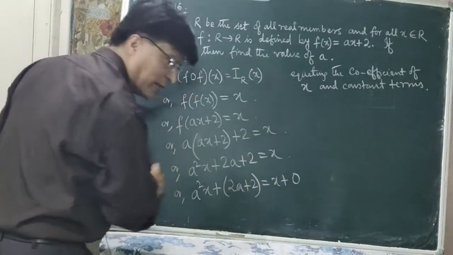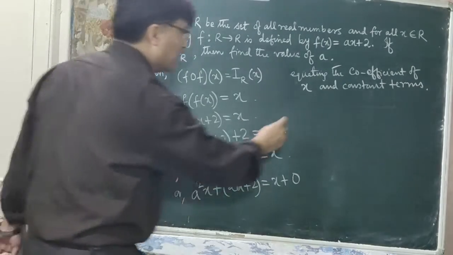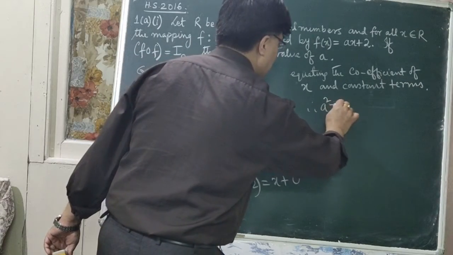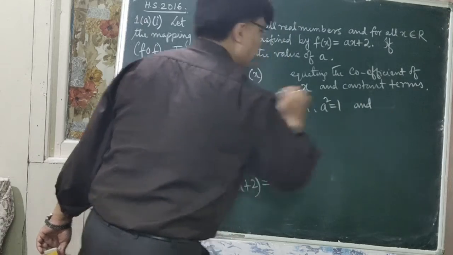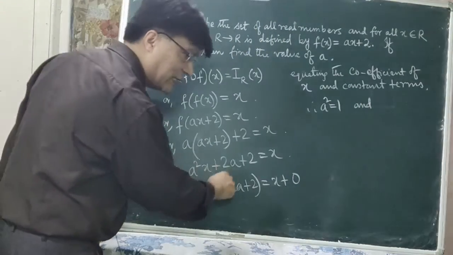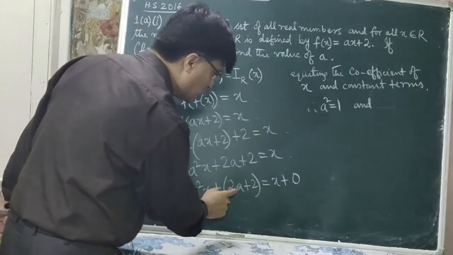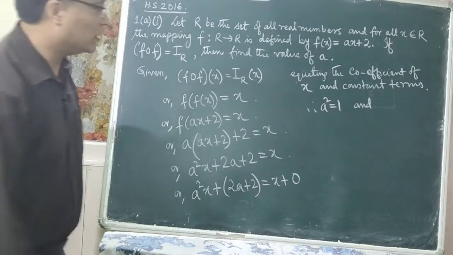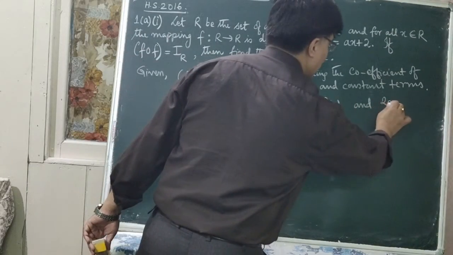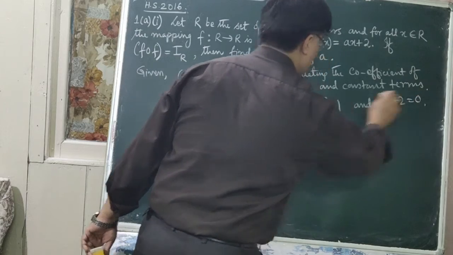Here the coefficient of x is 1, here the coefficient of x is a square. So a square is equal to 1, and what is the other one? You can equate the constant term here, that is 2a plus 2 is equal to 0.